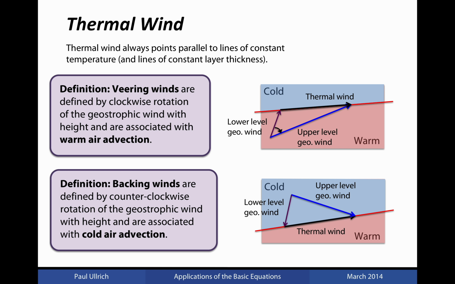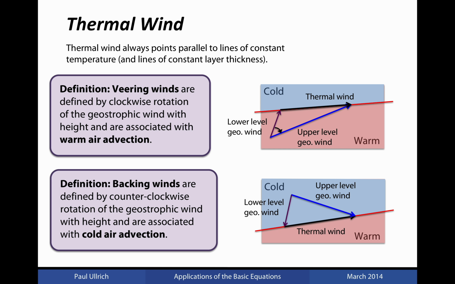These vectors show clockwise rotation with altitude. That is, as you go up in altitude, towards lower pressures, the vector rotates to the right. The thermal wind vector, which is the vector difference between the upper level geostrophic wind and the lower level geostrophic wind, is shown here with the black arrow. It points along lines of constant temperature.